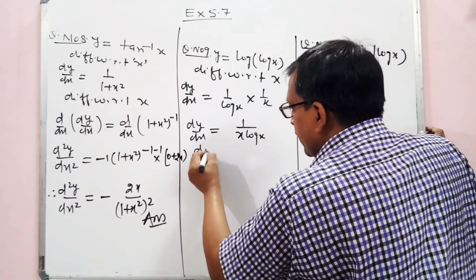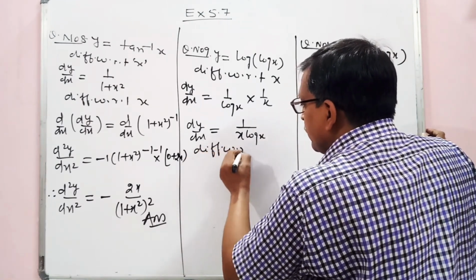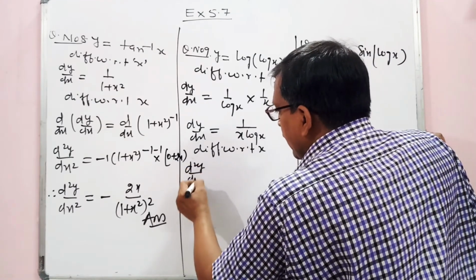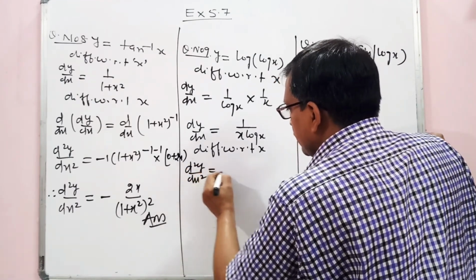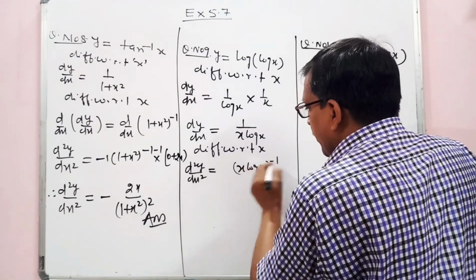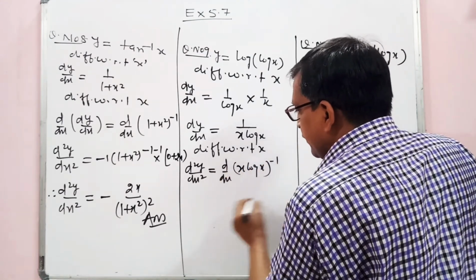Now differential with respect to x, d square y by dx square, x log x raised to power minus 1, d/dx.